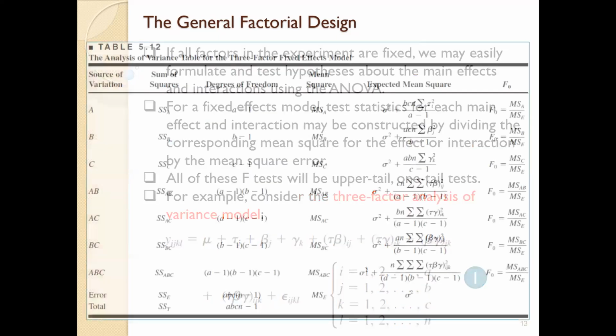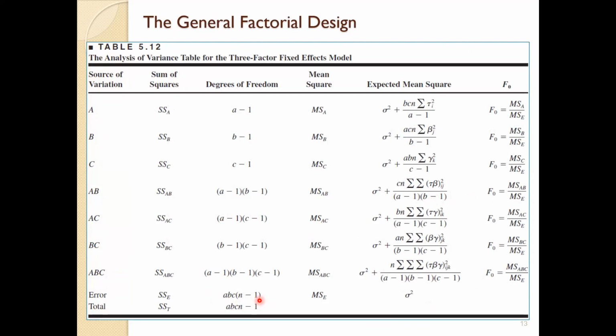And then you construct the table of ANOVA analysis. We have A, B, C, right? Factor A, factor B, factor C, A·B, A·C, B·C, A·B·C, the same, right? And also we have sum of squares, degrees of freedom, mean square, and then we decide by F0 or P value. If the P value is less than alpha, you reject. That means you reject the effect of A, effect of B, effect of C, right?